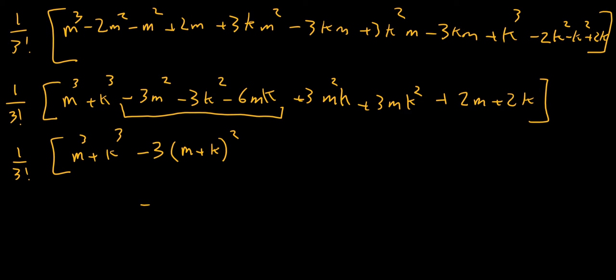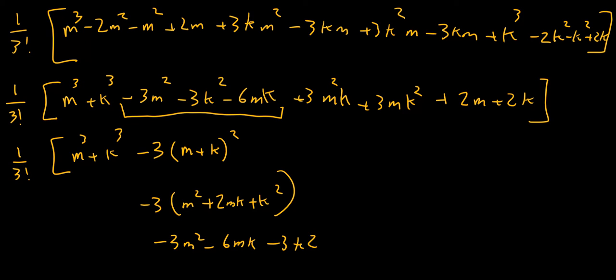Let me show that. If we expand this, square the first, square the last, double the product, we get 3m squared minus 6mk minus 3k squared. So this is where that comes from.